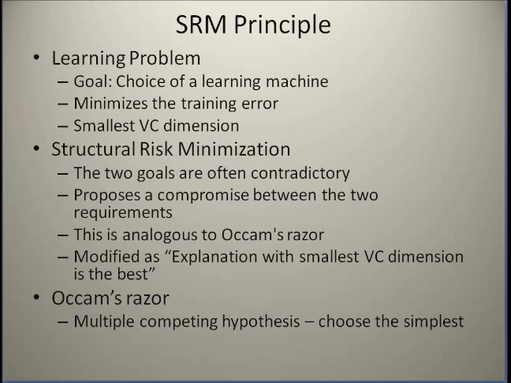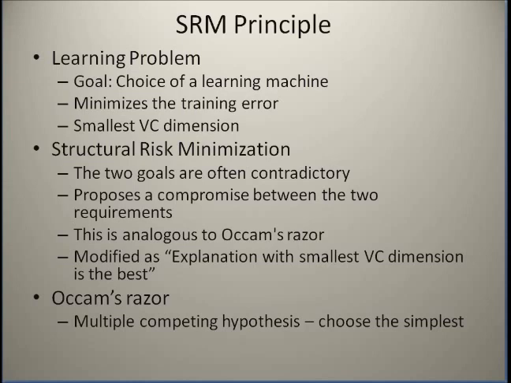Let us recall that the goal of the learning problem is basically to choose a learning machine that minimizes the training errors and also has the smallest VC dimension. But in machine learning, it is found that these 2 goals are often contradictory.